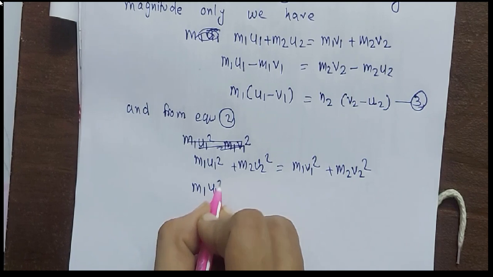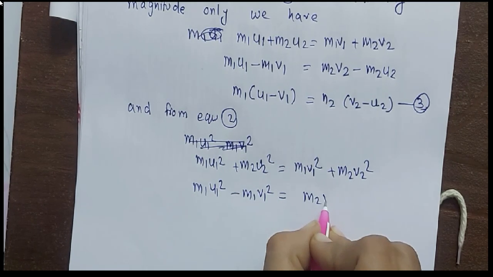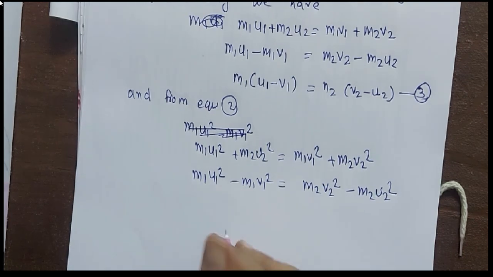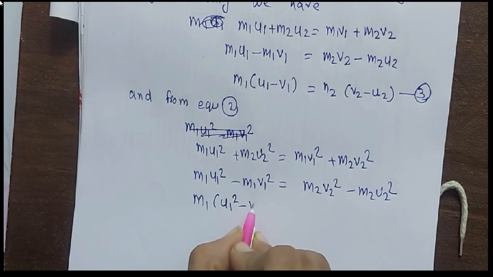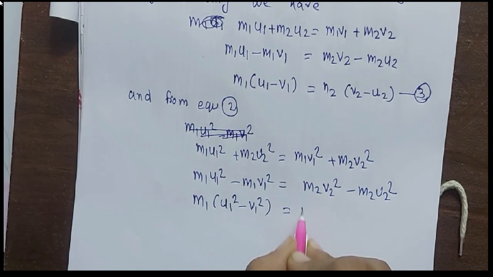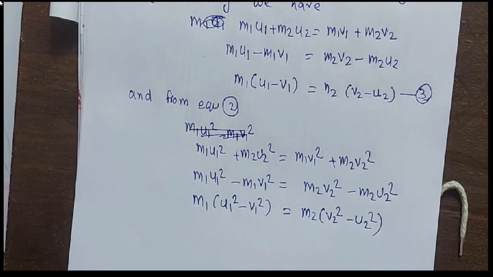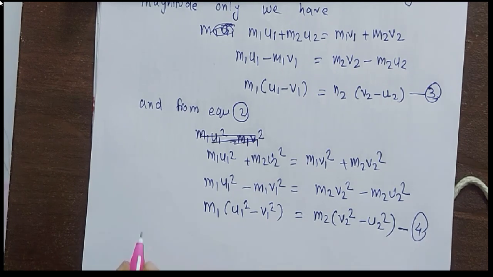So m1 u1 square minus m1 v1 square is equal to m2 v2 square minus m2 u2 square. Taking m1 common, m1 times u1 square minus v1 square is equal to m2 times v2 square minus u2 square. Equation number 4.